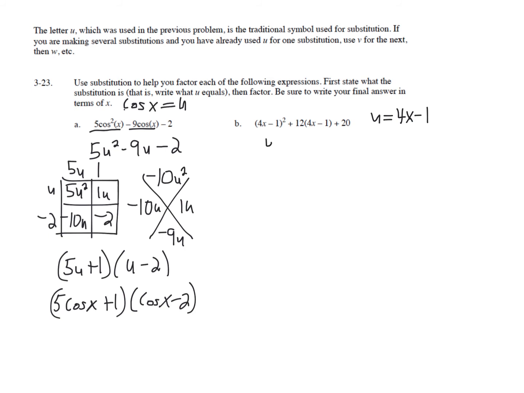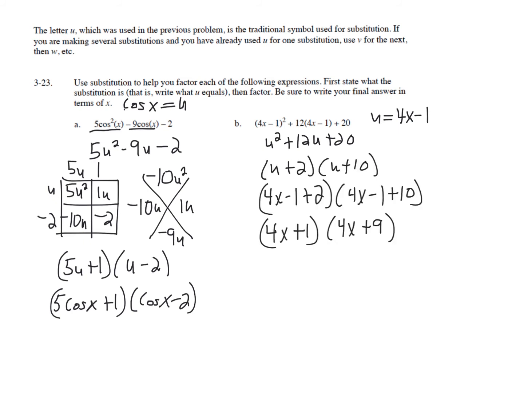So if I replace this 4x minus 1 with u, I have u squared plus 12u plus 20. Please pause this again, complete the factoring, and then replace u with 4x minus 1. And then you can check your work here in just a minute. So pause it now, do the work, and then push play when you're ready to check your answer.